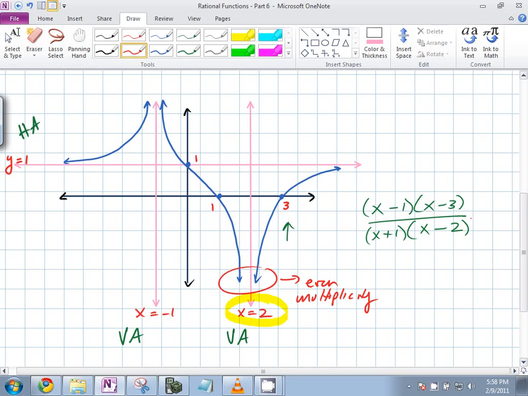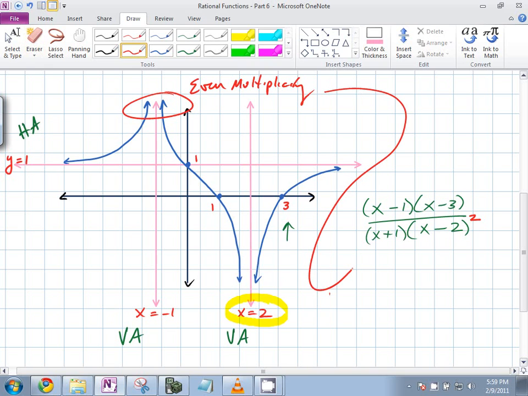So we know that this power must be even. We know that this is going in the same direction, so there must be an even multiplicity here too. That tells us that this term must have an even power.